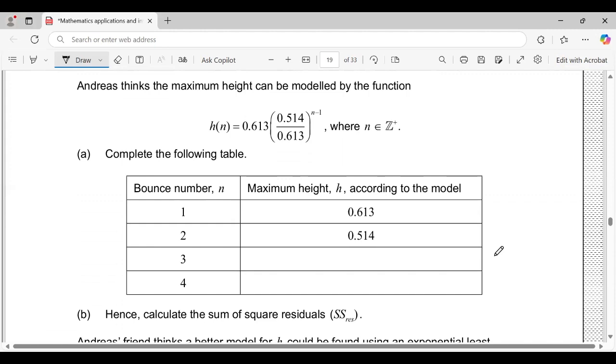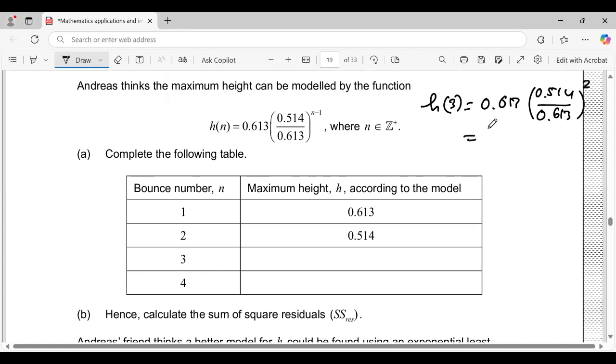So we calculate H3, which is going to be 0.613 times (0.514 divided by 0.613) to the power 3 minus 1.